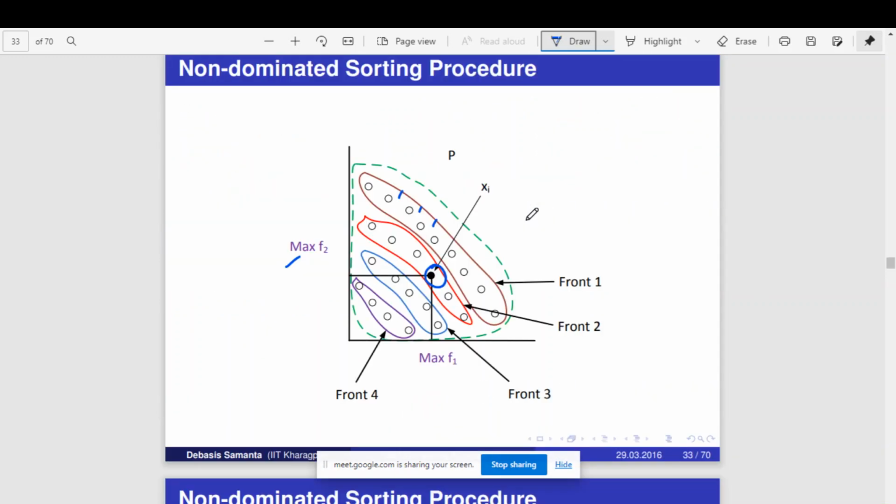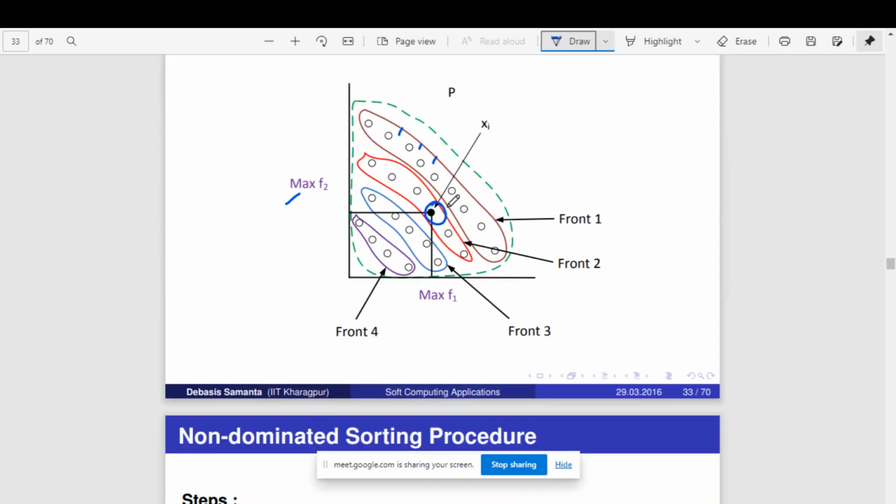Which are the solutions which dominate xi?